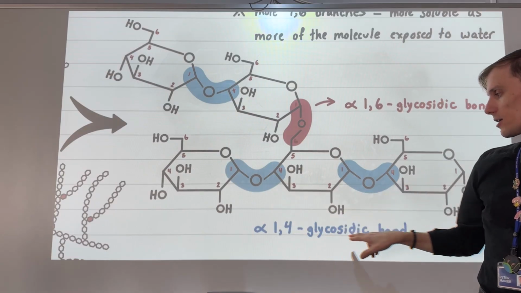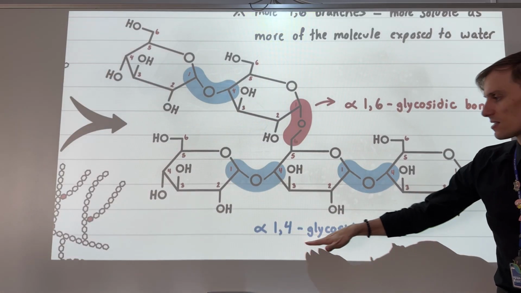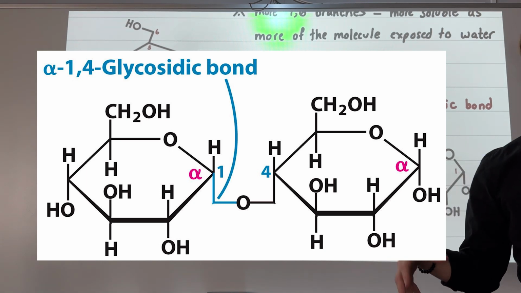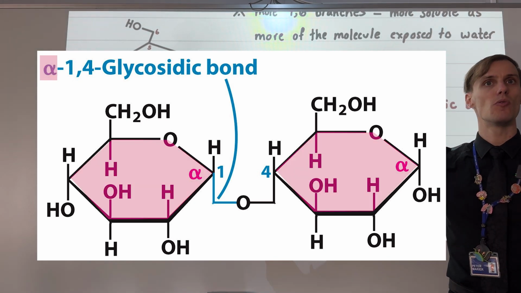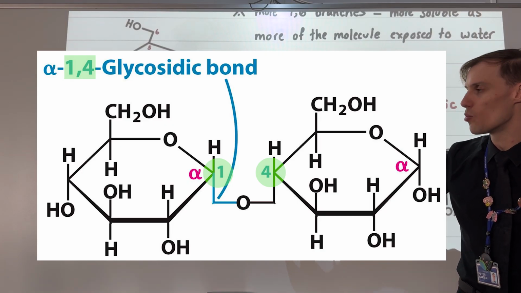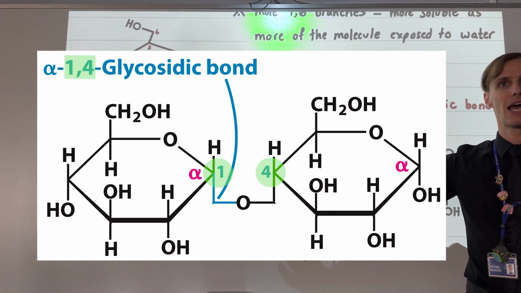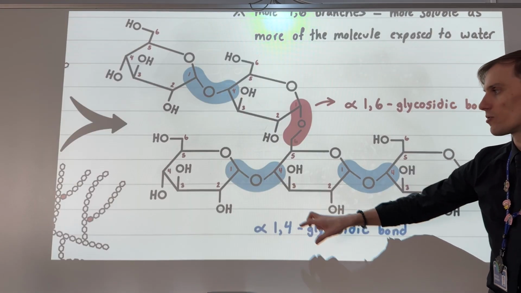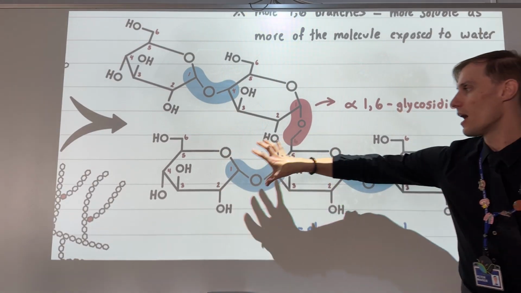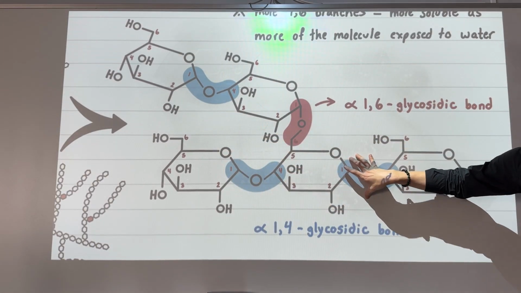1,4 glycosidic bond. So this sounds kind of fancy, but it's actually providing you a lot of information. Alpha, in that the 2 monomers are alpha glucose. 1,4 designates which carbon in the ring is actually being bonded together. So this bond in the main chain is alpha 1,4 glycosidic.